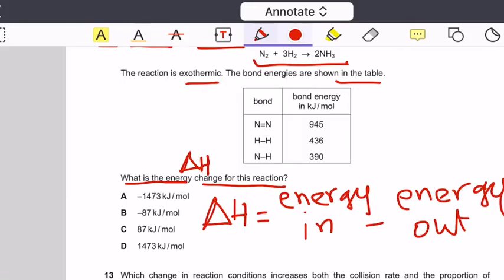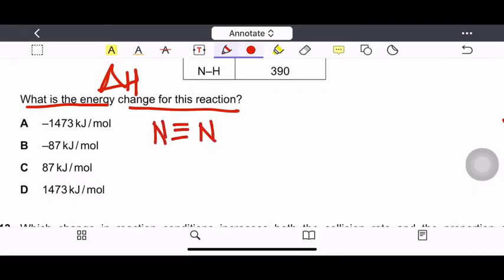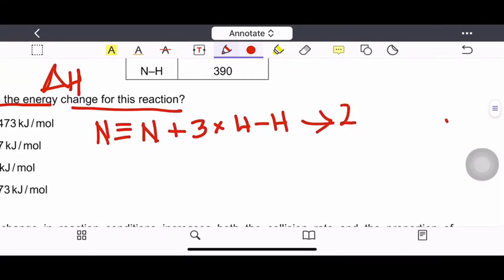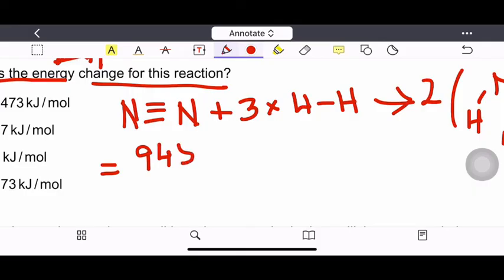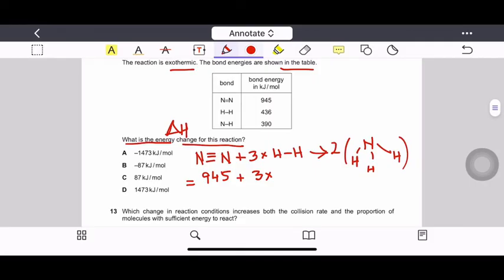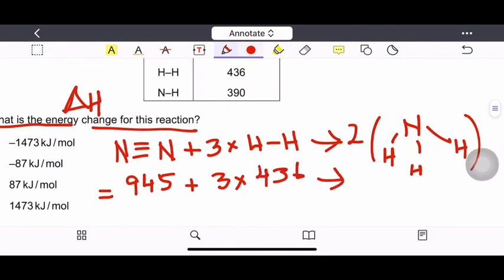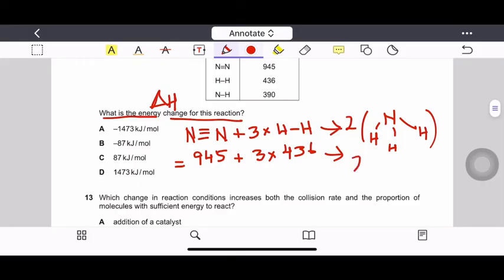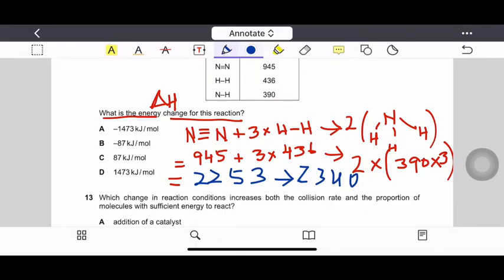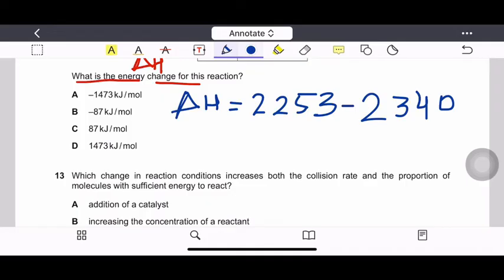Let us calculate this energy. To calculate delta H, energy in minus energy out.